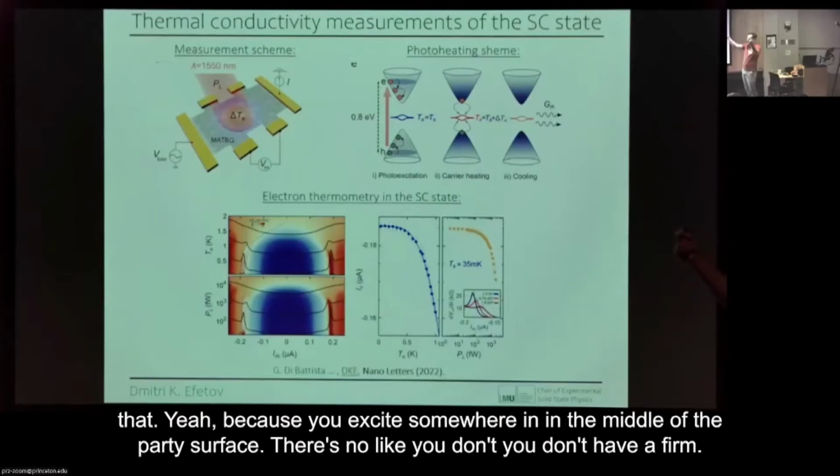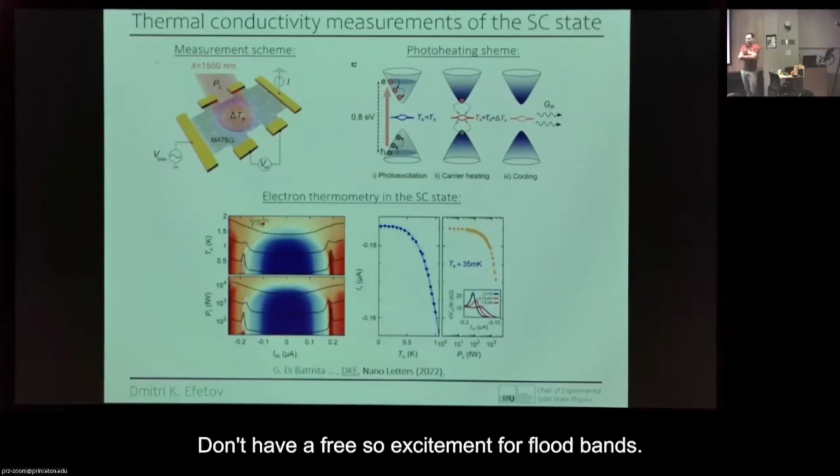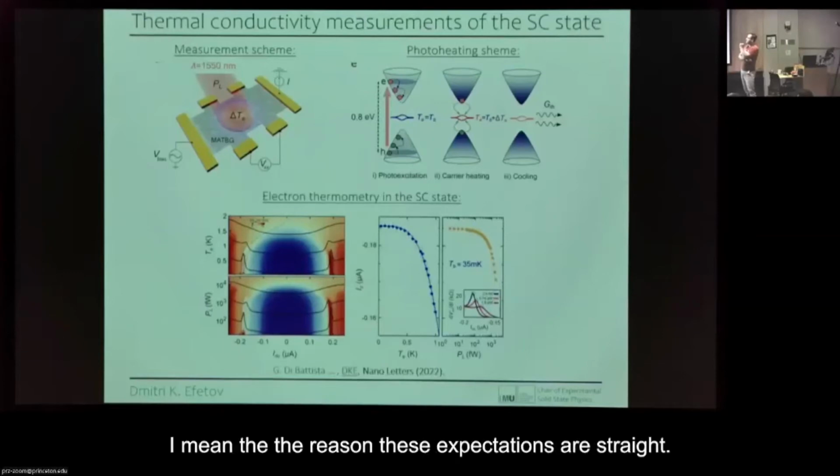You don't have a free electron state there. On the other hand, the flat band has some very high density of states, right? So excitations from flat bands in general are very efficient. But you have to make sure that in momentum space it's also conserved. The reason these excitations are strong is because they're momentum conserved.